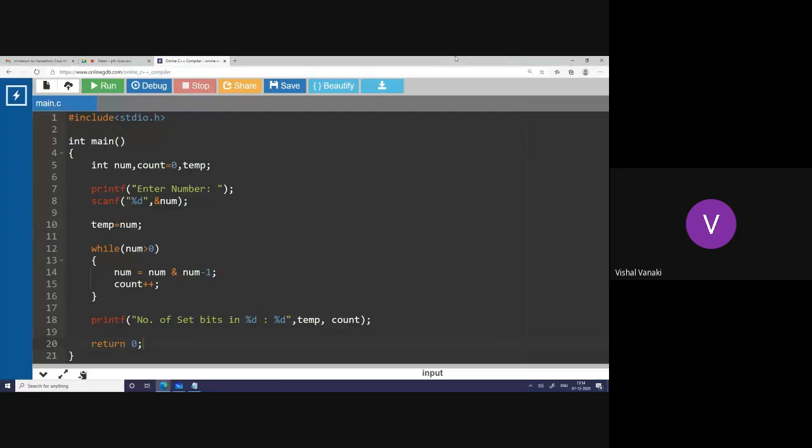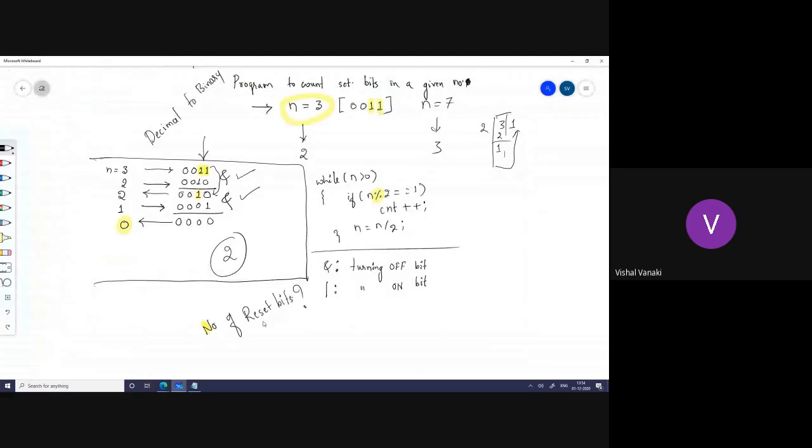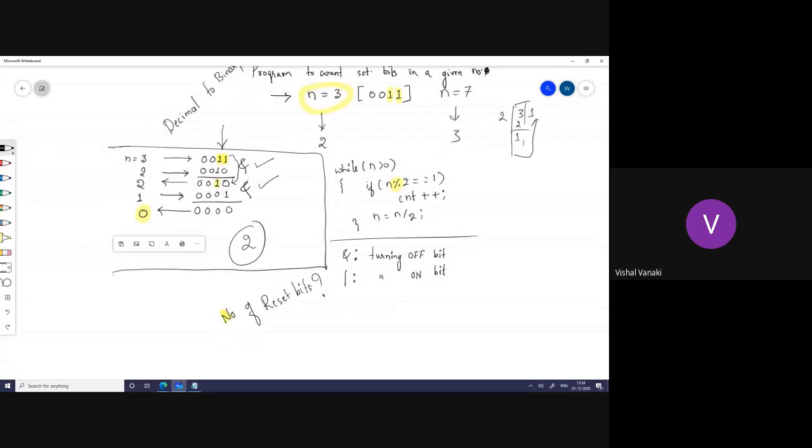Now, the next thing is how to count number of reset bits. Counting set bits is done, right? So I'll just give you a number. You tell me how many reset bits are there. So n is equal to 3.